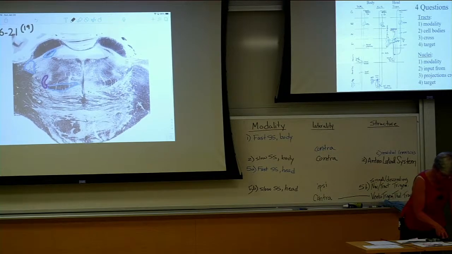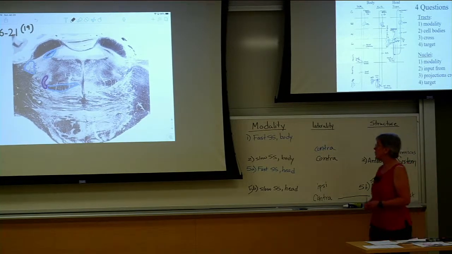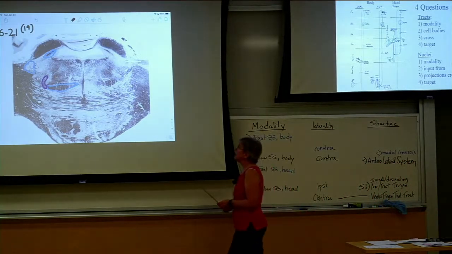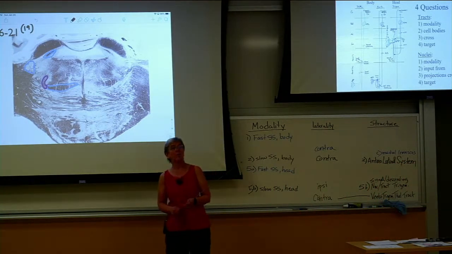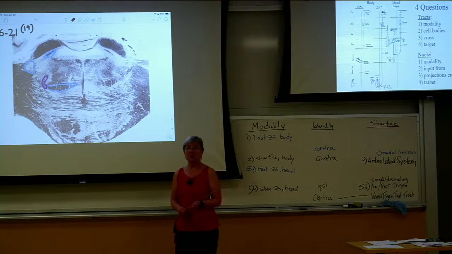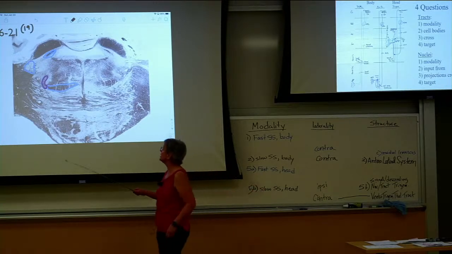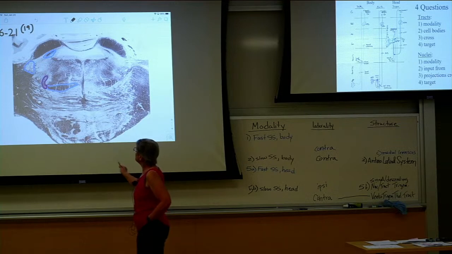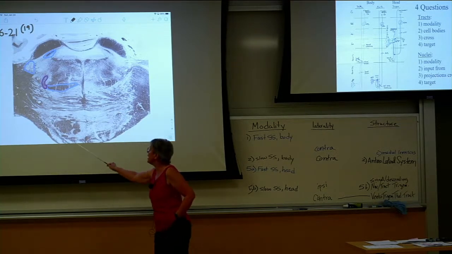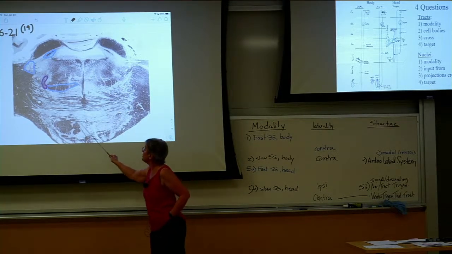to this next section. And of course, our first question is always going to be, where are we? So we have some landmarks here. And one is this batch of nuclei all through here.